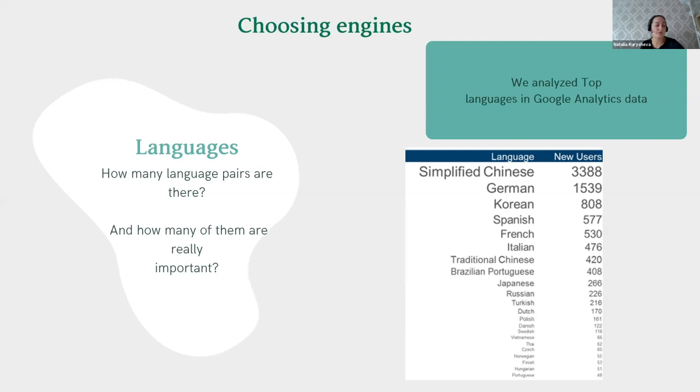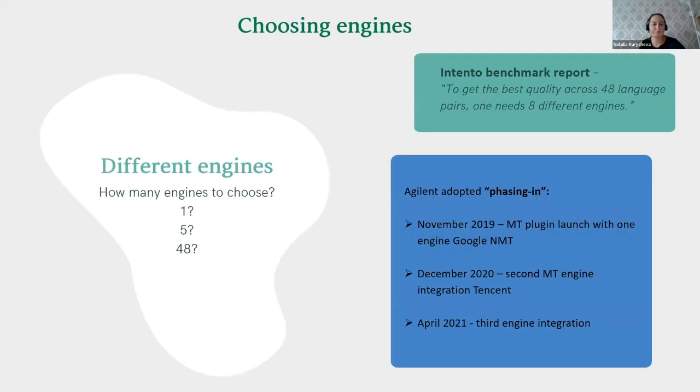That was the question we asked ourselves. After analyzing Google Analytics data, we got this list here, which you can see on the slide, and it was not really a surprise, as we basically saw that community portal users mostly speak our 9 standard languages, into which we localize most of our content anyways.